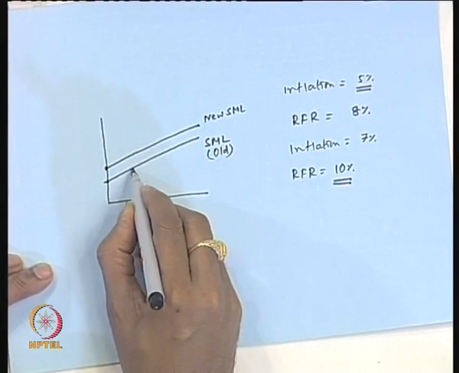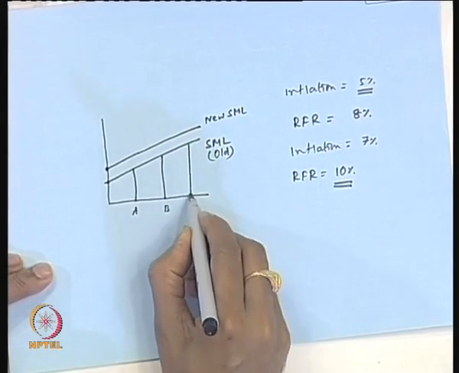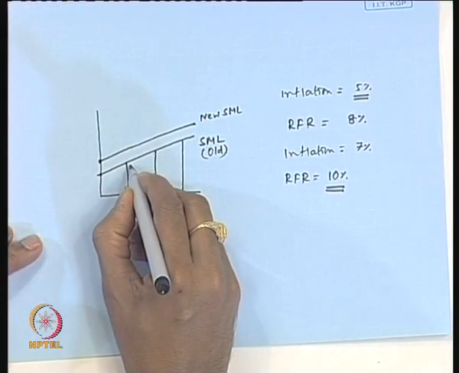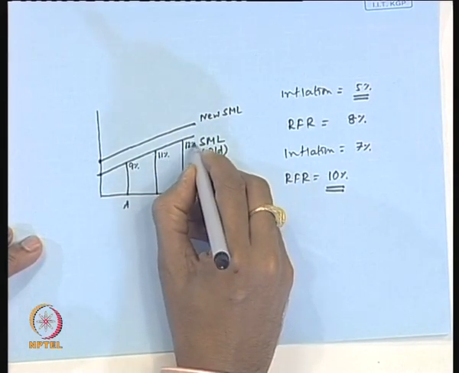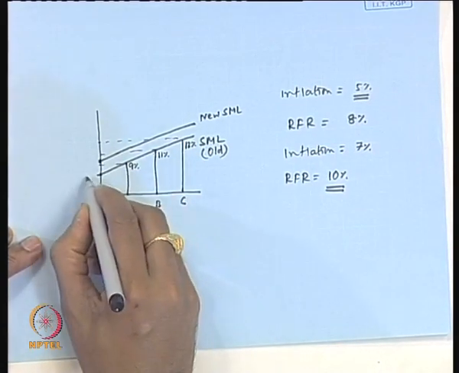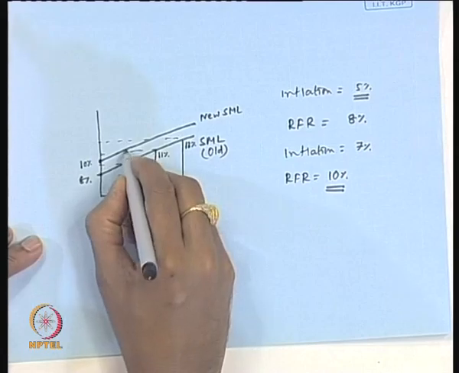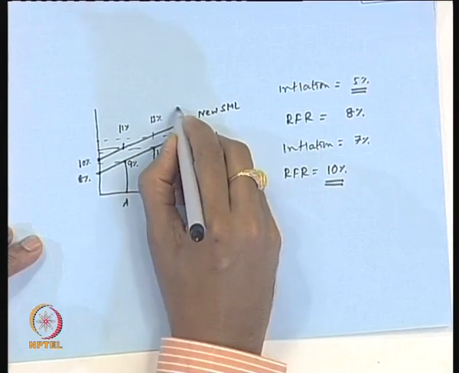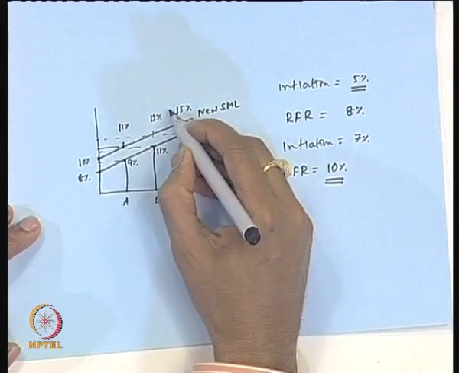Now, if I had a class of asset like A, a class of asset like B and a class of asset called C, and I was expecting here 9%, here 11%, and here 13%, then since the RFR has gone up from 8% to 10%, obviously this 9 will now become 11%, this 11 will become 13%, and this 13 will become 15. So, there is an upward parallel shift in the SML from old to new.